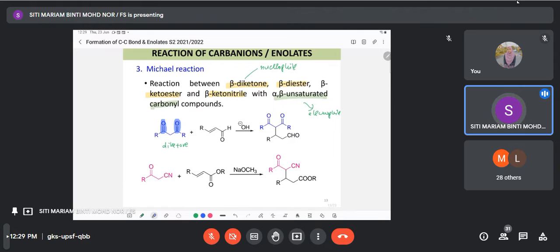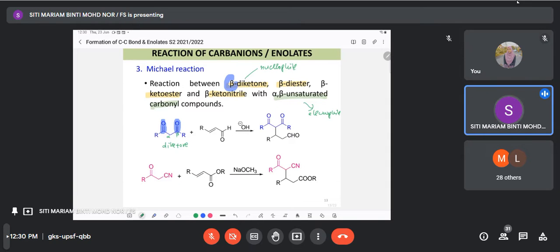The word beta comes from the position: the carbon next to the first carbonyl group is alpha, and the carbon next to alpha is beta. So the second ketone is at position beta. That's why we call it beta diketone.